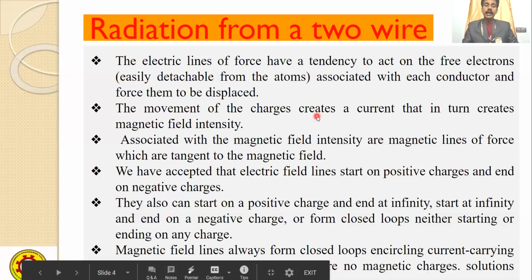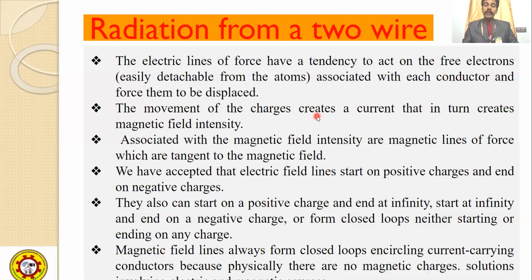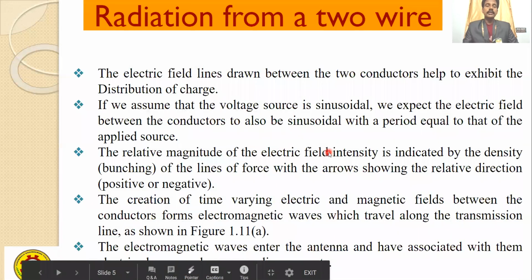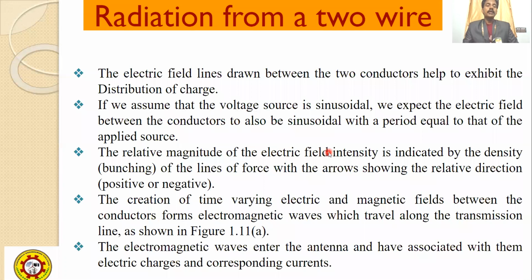The magnetic lines of force always form closed loops encircling the magnetic lines, which is crucial compared to a physical magnetic charge. There are no magnetic charges physically present. The electrical lines of force drawn between these two conductors help to exhibit the distribution of the charge.